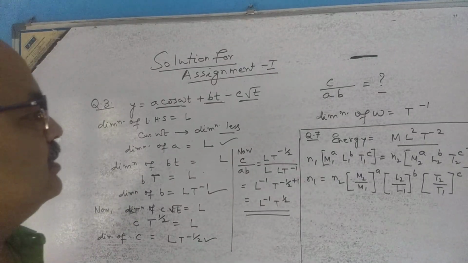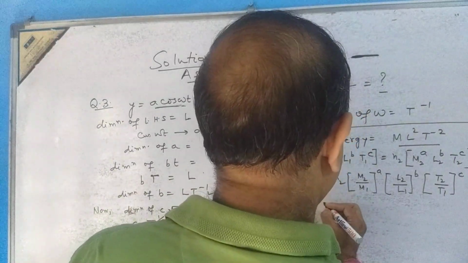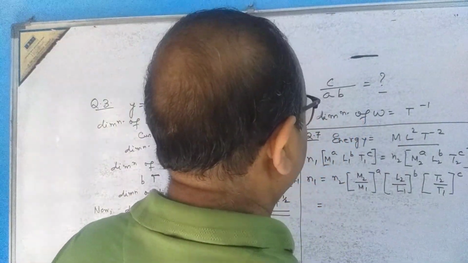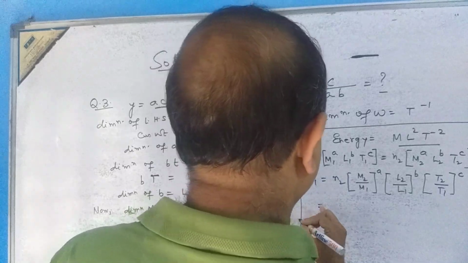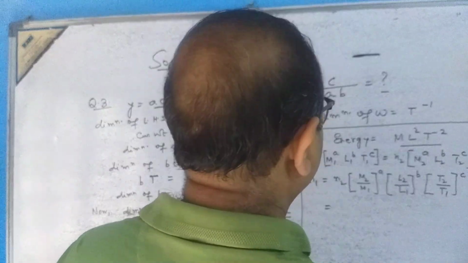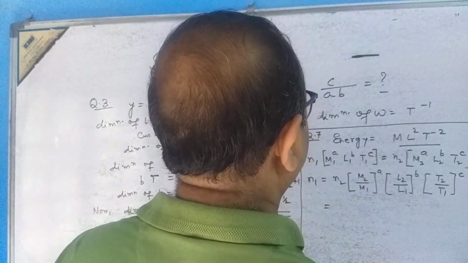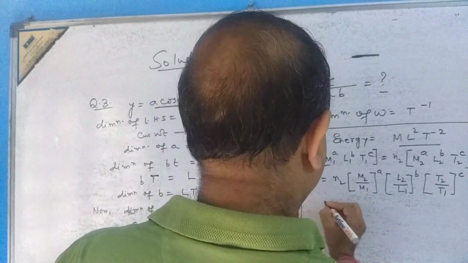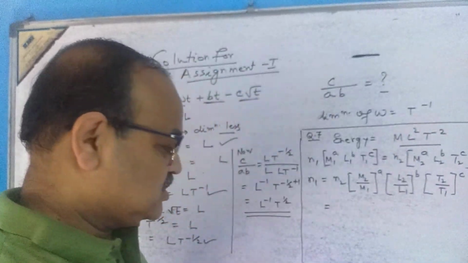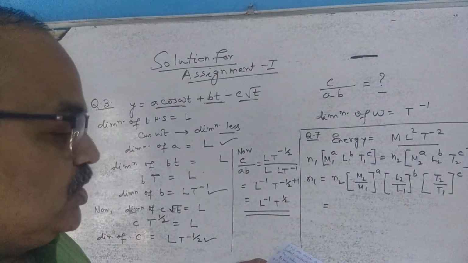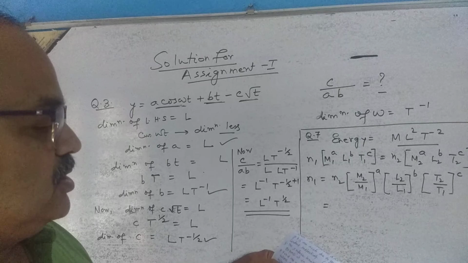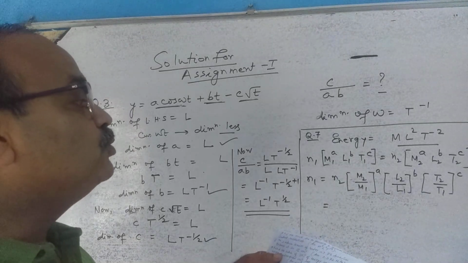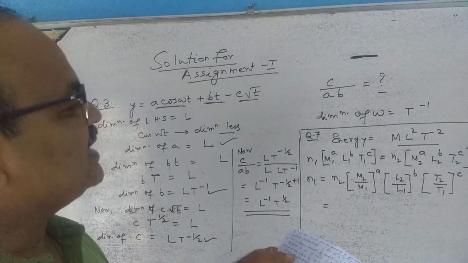Okay, fine. Then what we shall get? From there we shall get n1, this is equal to, what is n2? Look, the unknown one we will take on the left hand side, n1. That means the unit which is given, you have to find out the value of 100 joule. That means SI unit is given.